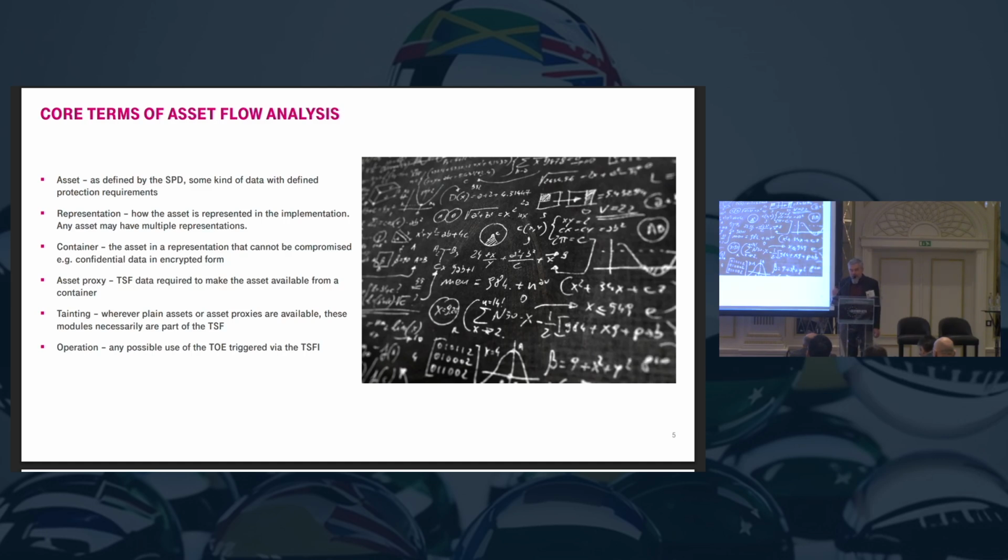And if there's an asset in a non-TSF subsystem, then it's probably a wrong association. The final term we need is the term of an operation. This is simply what you can do with the device. The idea is you look into the guidance document and ask how the device should be used, and you start with all these operations.